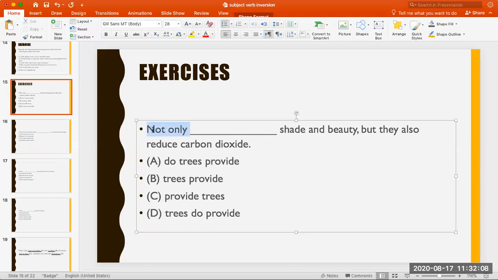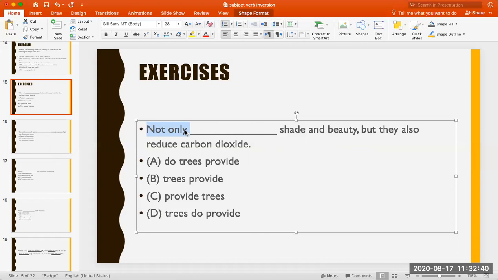If the sentence begins with a negative expression, the adverb, not only, hardly, barely, seldom, scarcely, soon after these expressions, there must be a subject-verb inversion, meaning there should be a verb and then the subject. So in these cases, you need to pause the video now and try to answer the questions before I do.